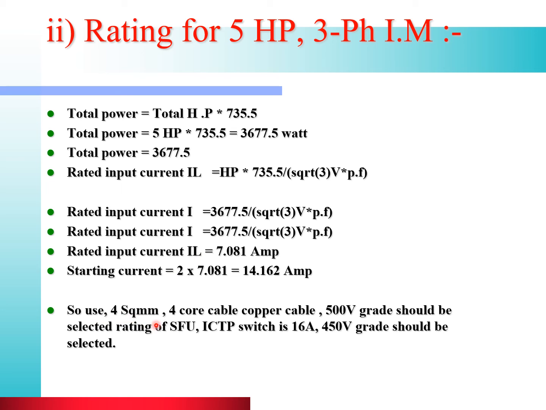So it is 4 square mm 4 core copper cable, 500 volt, and the rating of the ICDP switch is 16 ampere 450 volt.